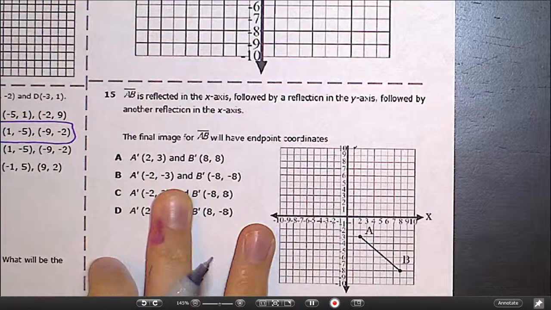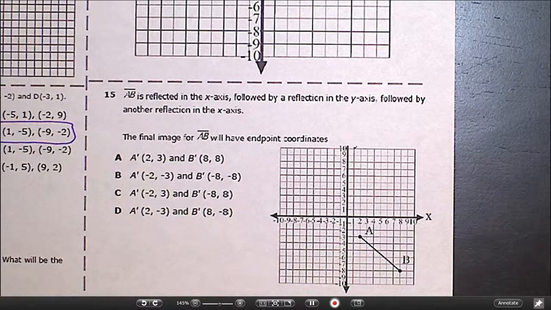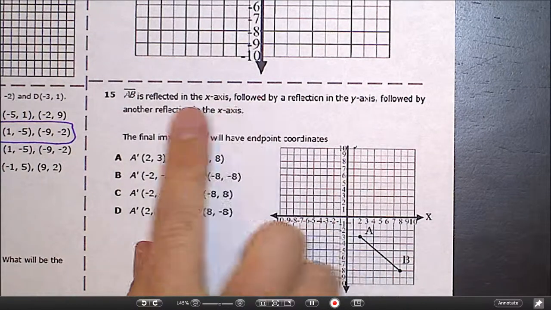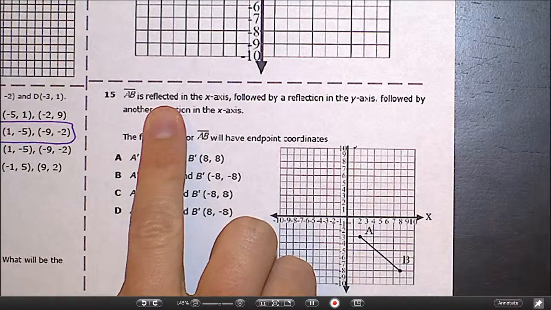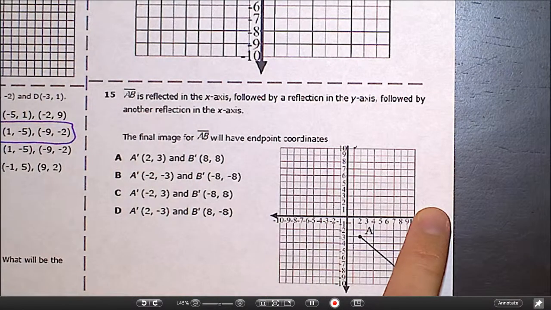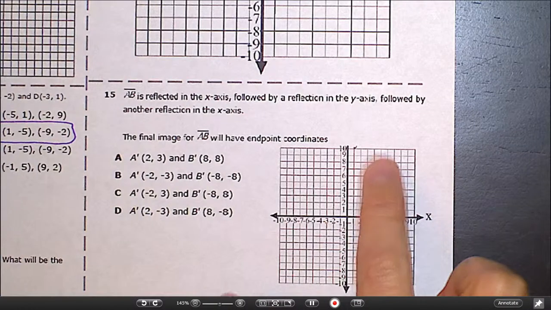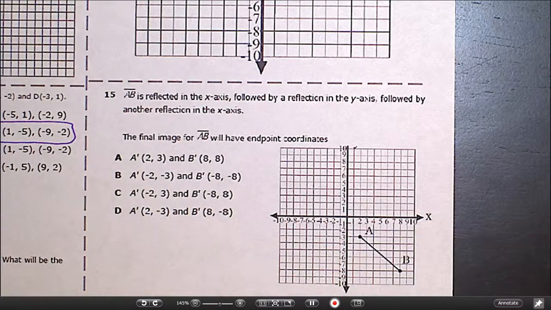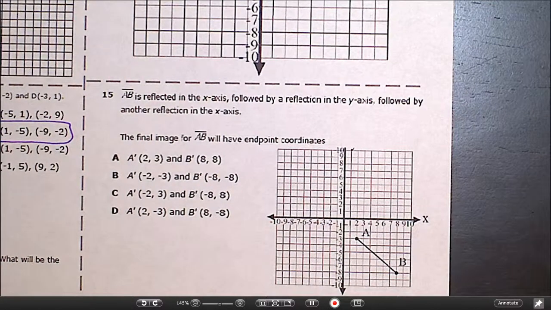Then on number 15, you actually have 2 different things to do. It says that it's going to be reflected across the y-axis, across the x-axis. So this is your mirror right here. So I need you to show me what that new figure looks like once it's been reflected up here, and then followed by another reflection across the y-axis.